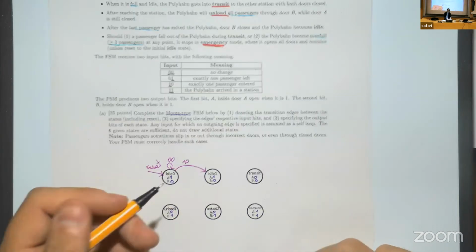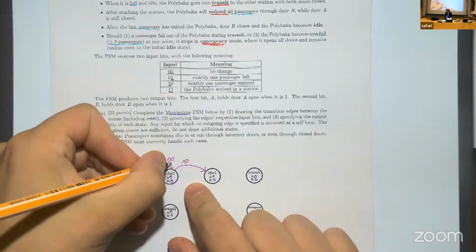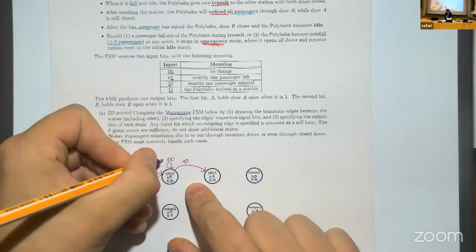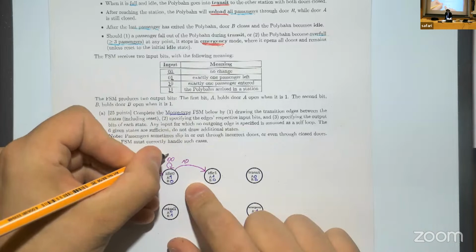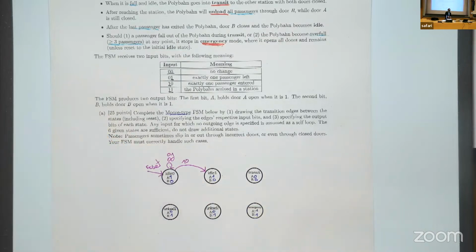You still need to have an edge defined, even if the input doesn't make sense, but in this case the master solution also leaves it open. It turns out it's a self loop. So if you just don't say anything, here for 0, 1, we would say we stay idle. It doesn't matter, as long as you, sure, go ahead.